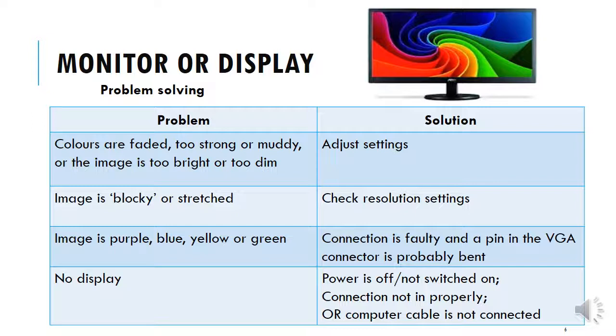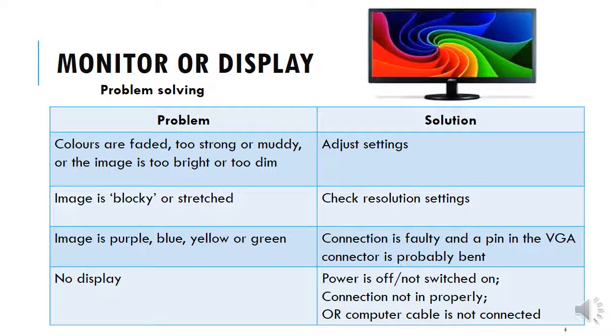To problem solve, if you have colors that are faded or too strong or muddy, or the image is too bright or too dim, this can all be part of the settings of the screen. And often there are little buttons on the side and under or next to the screen, and you can adjust the settings here. If the image is blocky or stretched, then check the resolution settings.